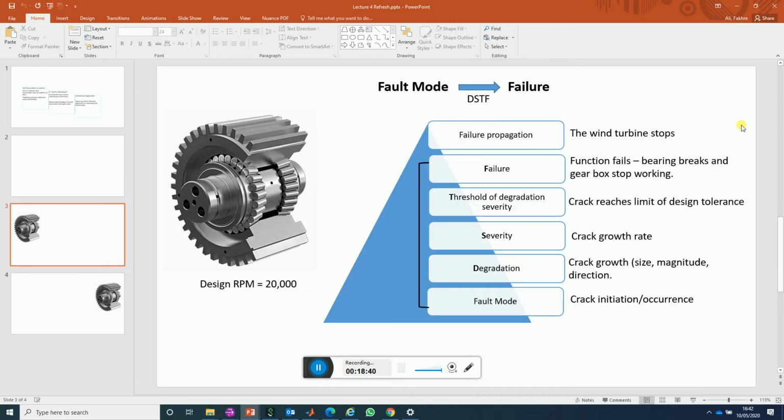Moving on, I want to look more closely at how a fault mode leads to failure. Here I have chosen, for example, a simple illustration of a wind turbine gear assembly. This holds, for example, the wind blades of the wind turbine assembly and spins it.